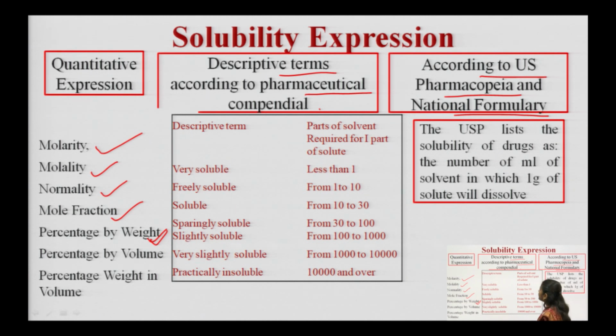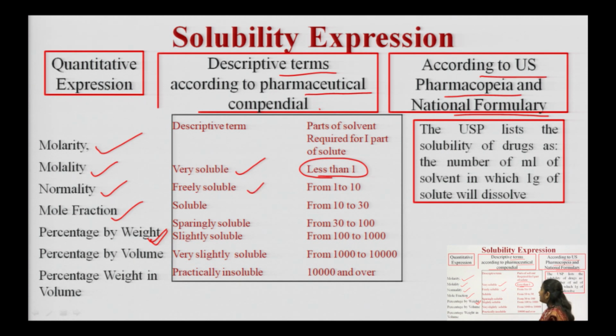Then comes the descriptive terms. These descriptive terms are basically used for those drugs whose solubility is unknown. The solute is termed very soluble when it requires less than 1 part of the solvent to dissolve 1 part of the solute.